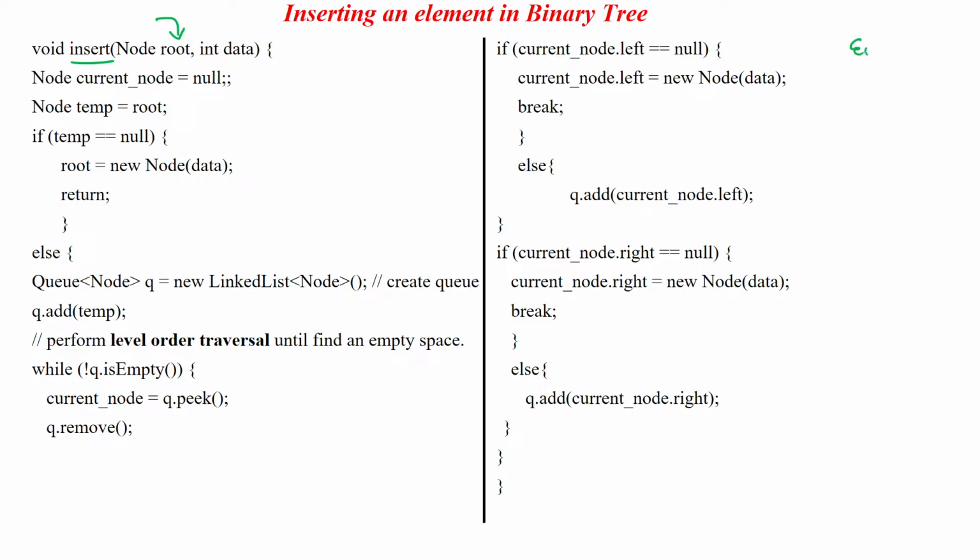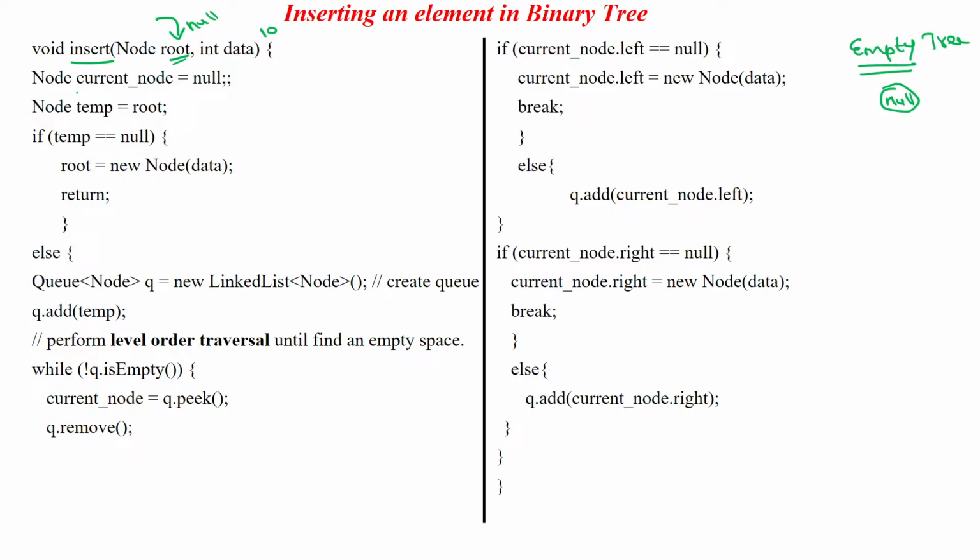As of now I don't have any node in the tree, so the root value I am passing is null, because there is no root node. I am going to create one node with the value 10, so data is 10 and root is null.